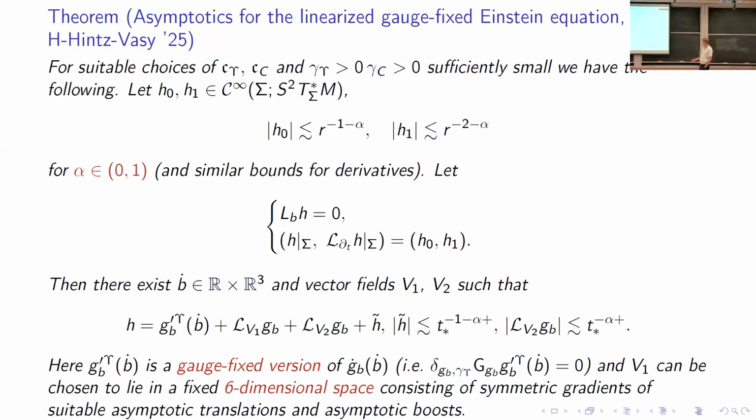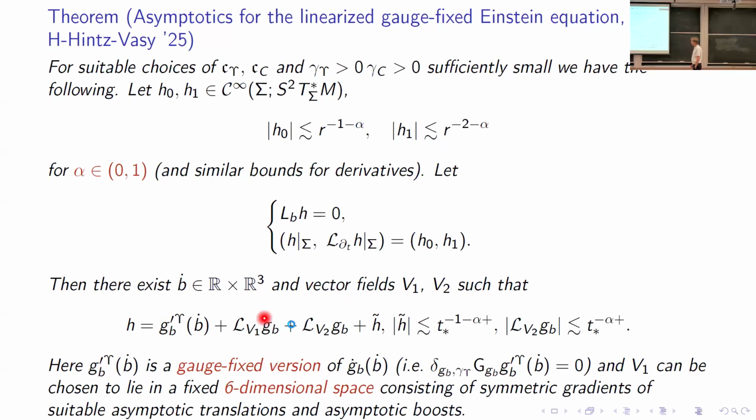And the solution is written in the following way, a linearized Kerr, but this is now put in the gauge. So the claim is that I can arrange with the constants, with the C's, such that even the linearization with respect to the mass, I can put in the gauge. So this is the gauge fixed version of this.